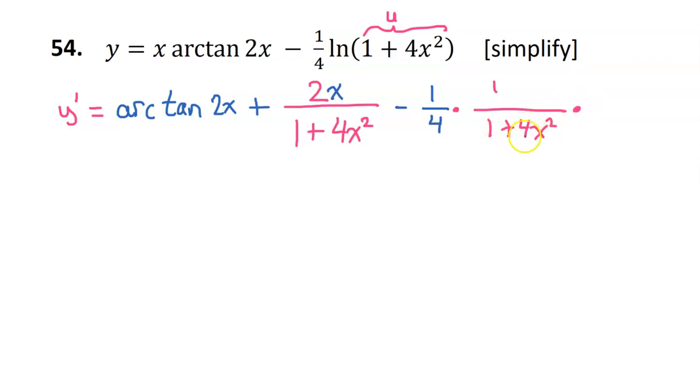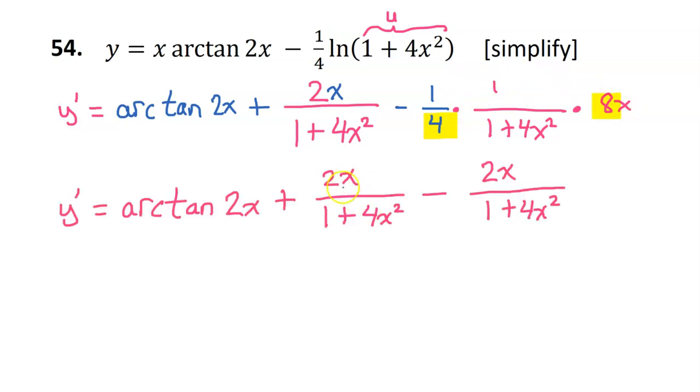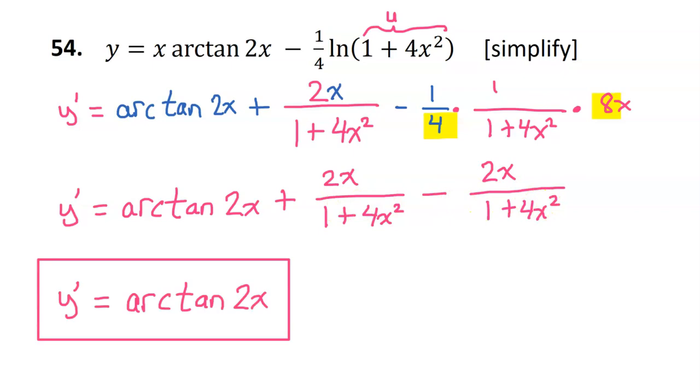The derivative of 1 plus 4x squared is 8x. 4 goes into 8 twice. So on the next step, we will have a 2x in the numerator. But then we notice that the last two terms are like terms. In fact, the last two terms are opposites. They cancel each other out. So the final answer is just arctangent 2x.